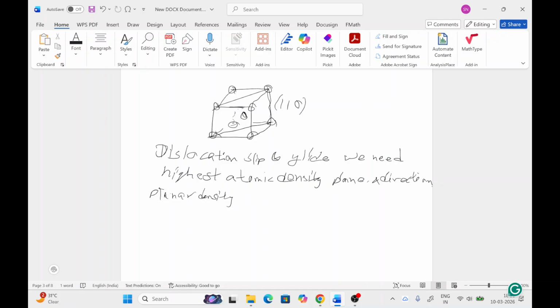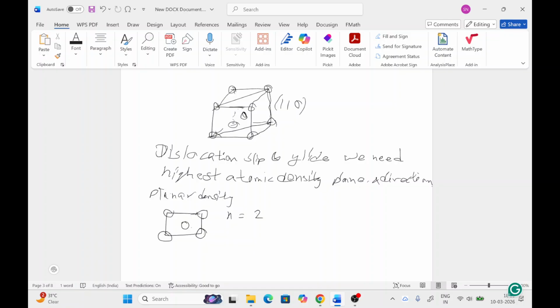The number of atoms on this plane is two: four corner atoms are each sharing only one fourth, so one fourth into four will be one, and the complete atom at the center will give two.